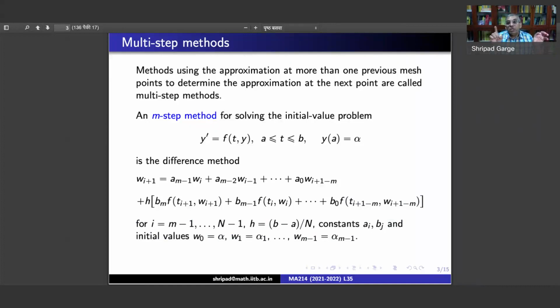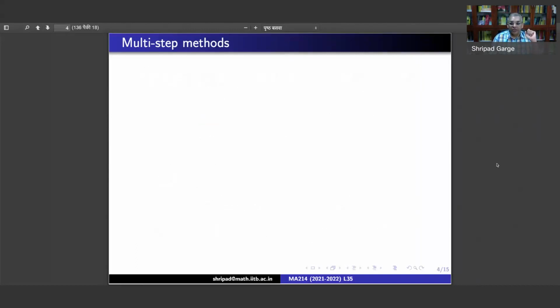But if bm is non-zero, then you will have a complicated equation which involves w i plus 1 on the left hand side and a w i plus 1 on the right hand side also. So we will have to understand what to do with that. Okay, it looks like it is making things worse, but it will come in handy later on. Hang on, it's not going to be that bad.